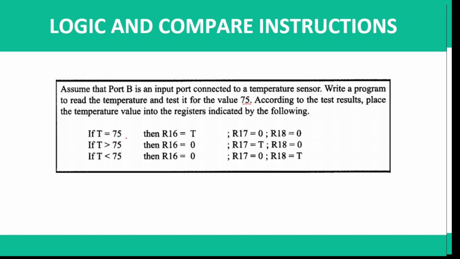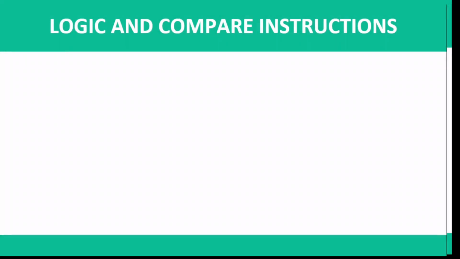If the temperature is equal to 75, then R16, register 16 will get the temperature, register 17 will get 0 value, register 18 will get the 0 value. And if it is greater than 75, then R16 is equal to 0, R17 will get the temperature, and R18 will get 0. If it is less than, then register 16 will get 0, R17 will get 0, and R18 is equal to T. So how should we solve that?